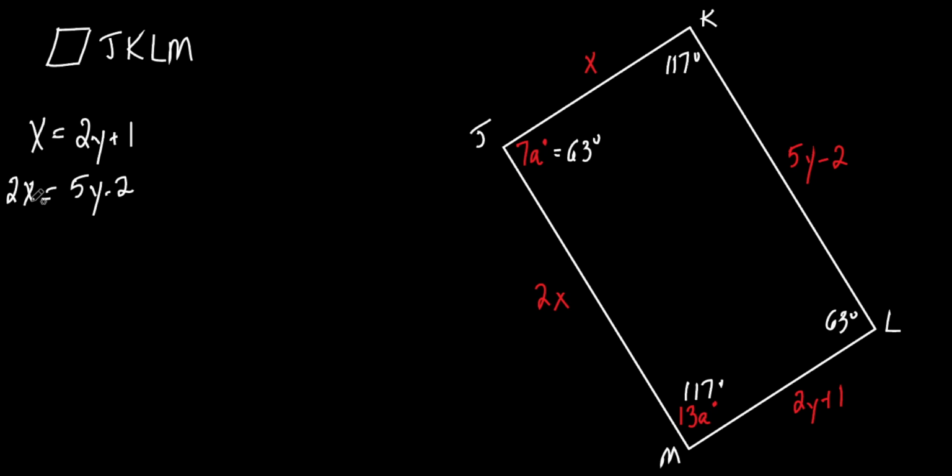Not for you guys, because you guys are scholars, right? Okay. All right. So what do you think you're going to do? What math are you going to do to solve for x and y? Sure you are. You all are scholars.